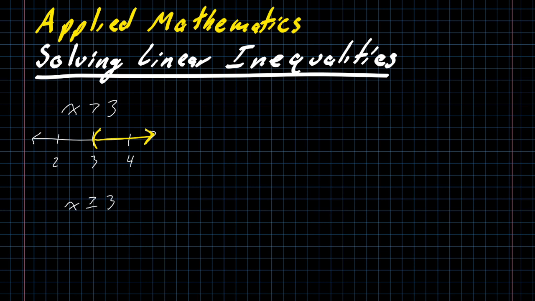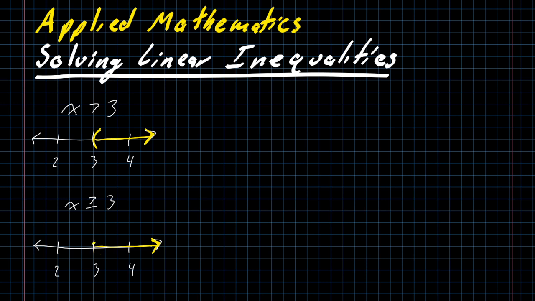Contrast that with x is greater than or equal to 3. Which is essentially the same, but in this case, 3 itself wants to be one of the values. To indicate that 3 itself is included, I like using a square bracket, which solidly hits the number 3.